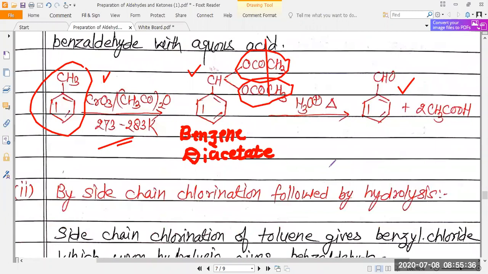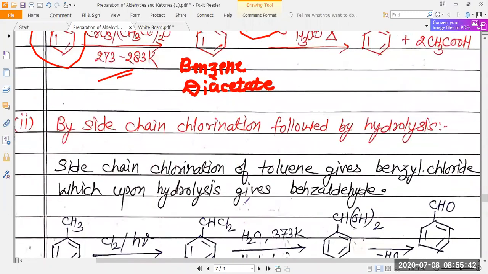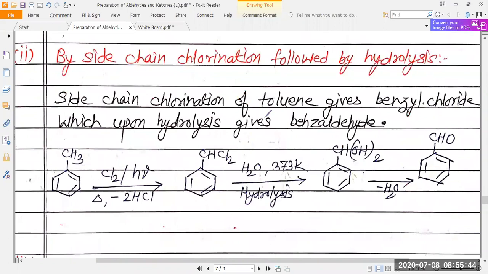Now going to the next reaction: side chain chlorination followed by hydrolysis. The side chain chlorination of toluene gives benzal chloride, and upon hydrolysis it gives benzaldehyde. So when toluene reacts with chlorine in the presence of sunlight, we get this type of compound, and upon hydrolysis it gives benzaldehyde.